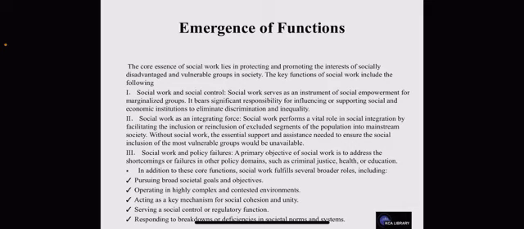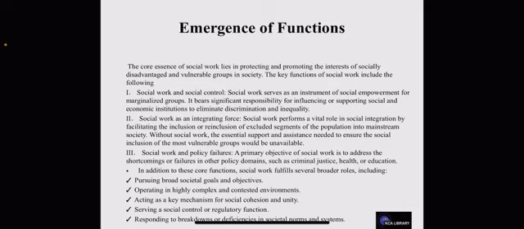Now let's move on to the emergence of functions, another subtopic. The core essence of social work lies in protecting and promoting the interest of socially disadvantaged and vulnerable groups of people in the society. The key functions of social work include the following. One, social work and social control. Social work serves as an instrument of social empowerment for marginalized groups.